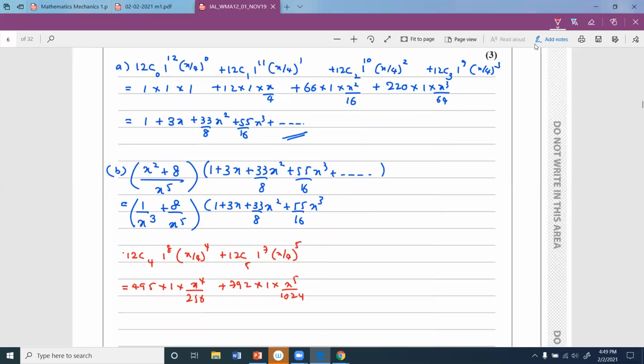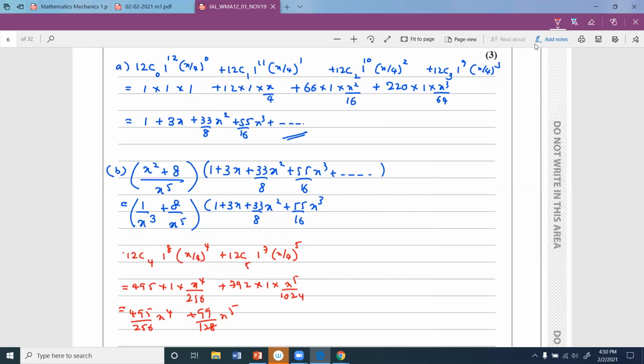Then we can write this expansion: 495 over 256 x to the power 4, and this is 792 divided by 1024, that is 99 over 128 x to the power 5.